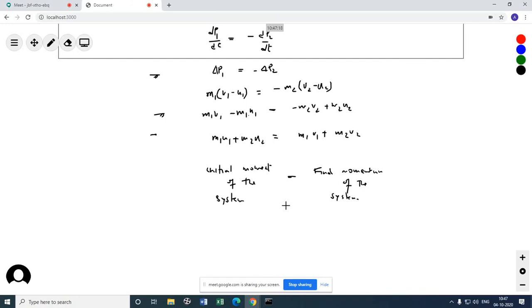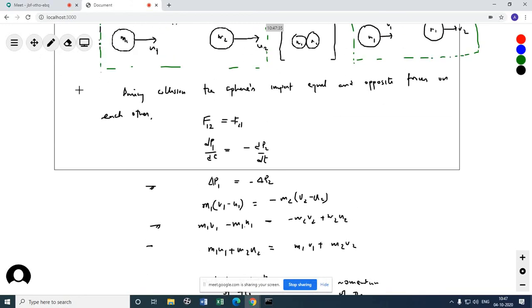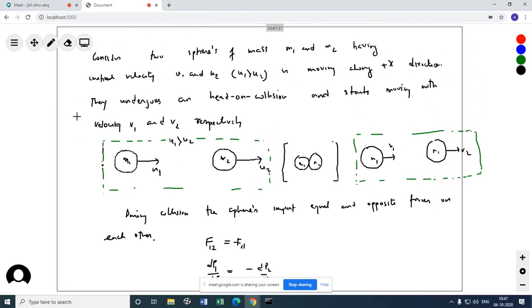So this thing is staying conserved, which is nothing but our law of conservation of linear momentum. Okay?